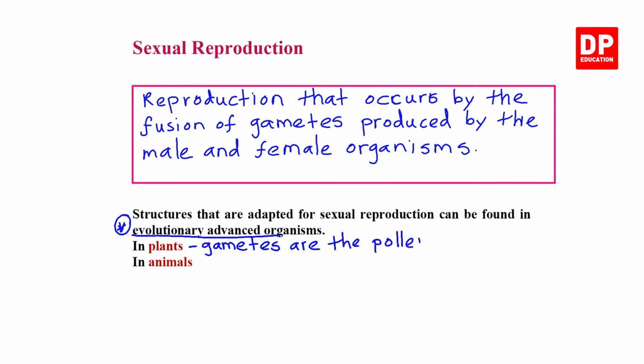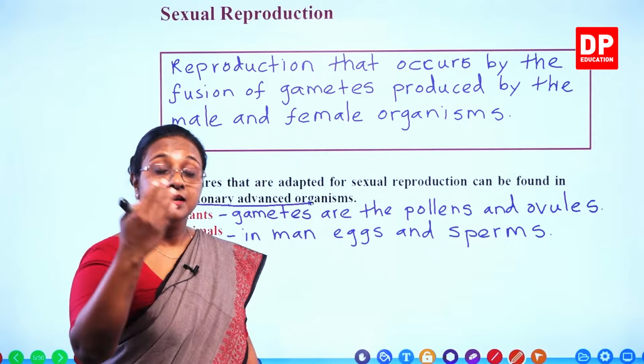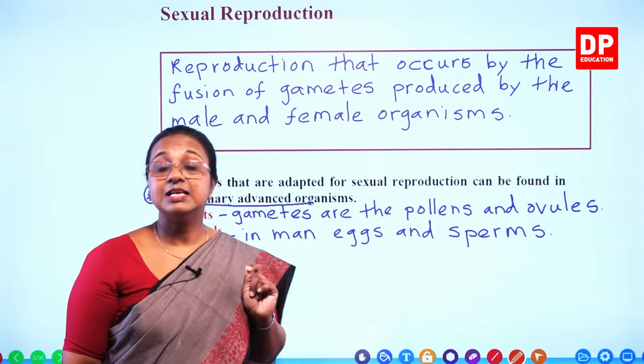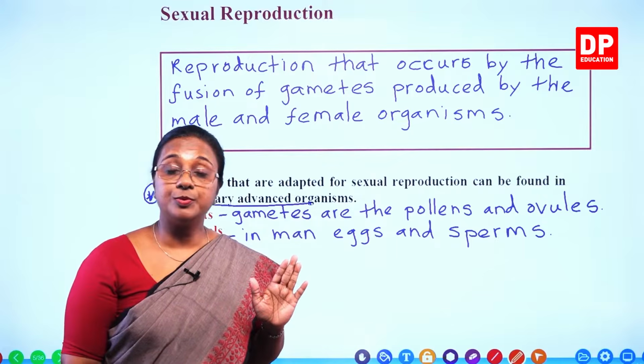Whereas in animals, if we consider man, eggs and sperms. When these fuse and give rise to the new generation, we call that process sexual reproduction. I am sure you all can understand the two processes.